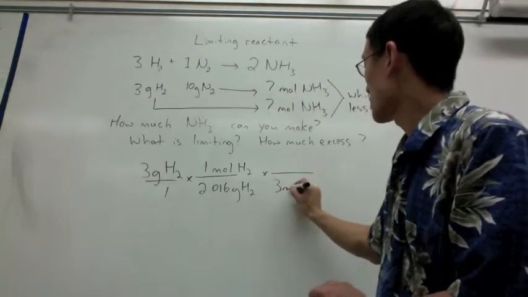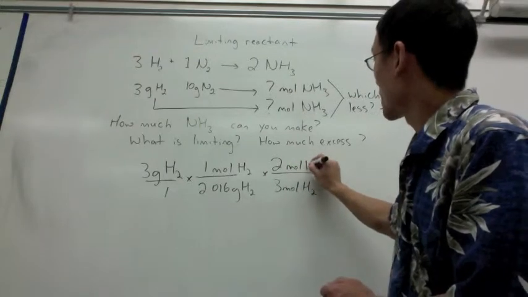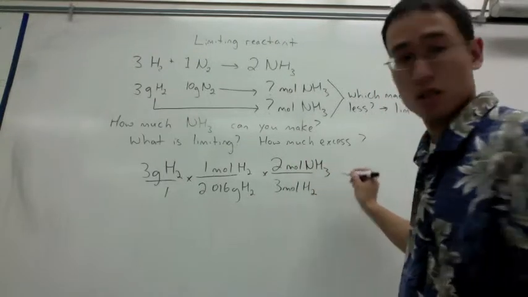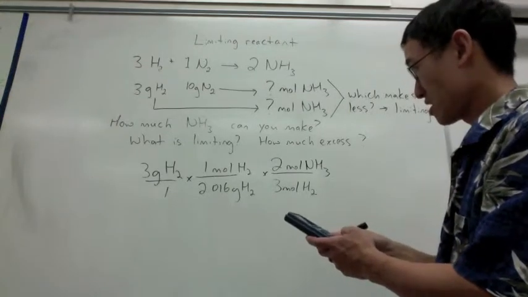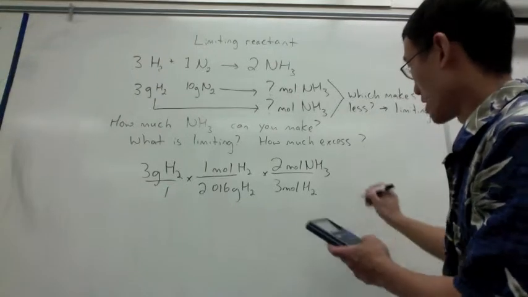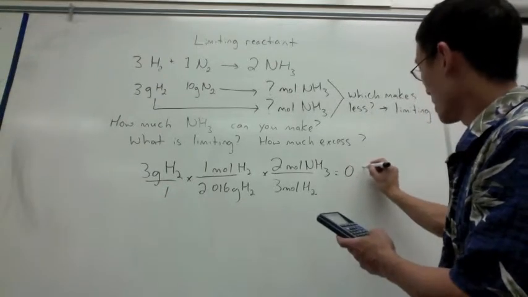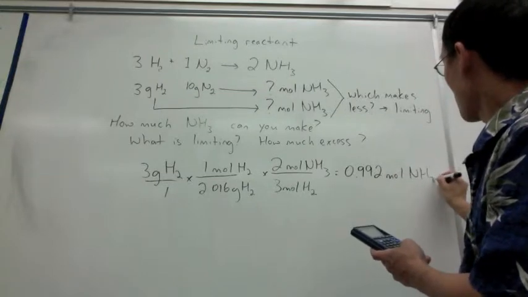So 3 moles of H2, I'm going to have 2 moles of NH3. And if you do that calculation, you end up with 0.992 moles of NH3.